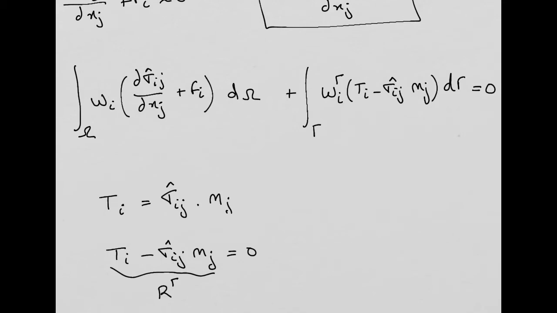This is what is done traditionally. If you see my book, this is explained in detail. But for the purpose of this short course, and also because in finite elements we apply the boundary conditions in a very different way, I'm going to skip this approximation of the boundary conditions from the weighted residual and make things a bit more simple.